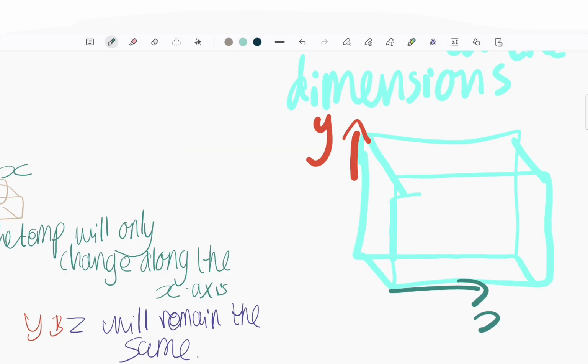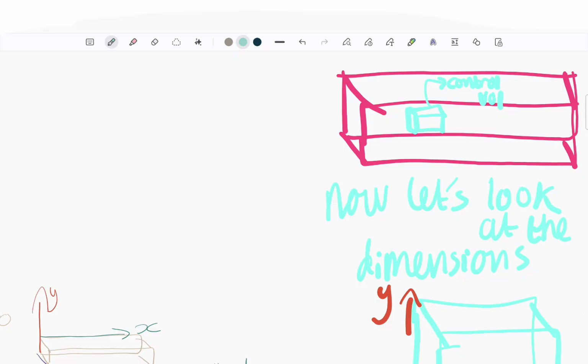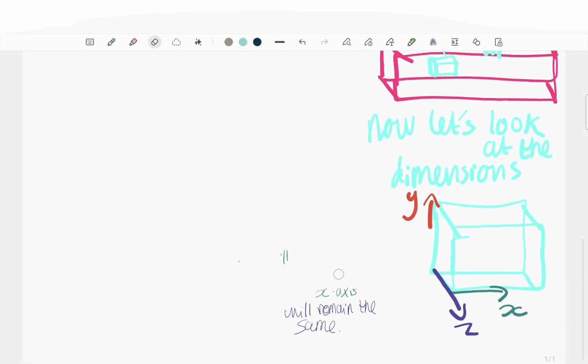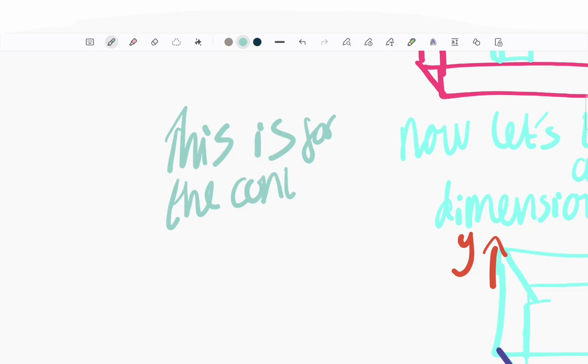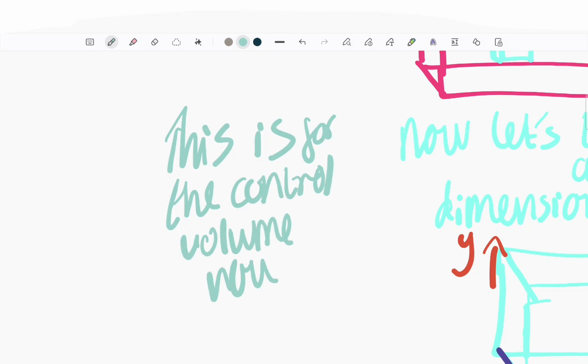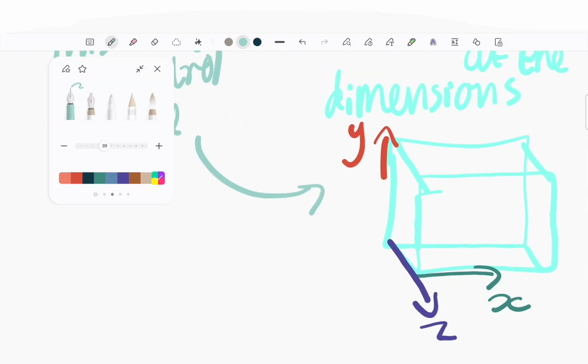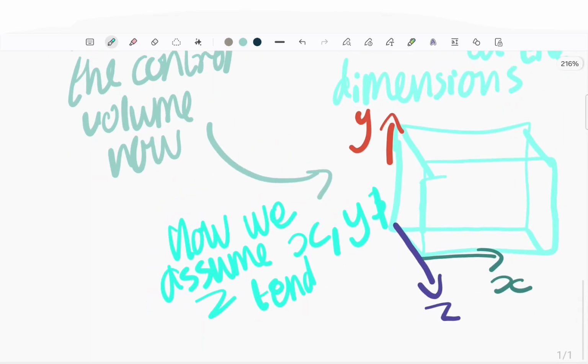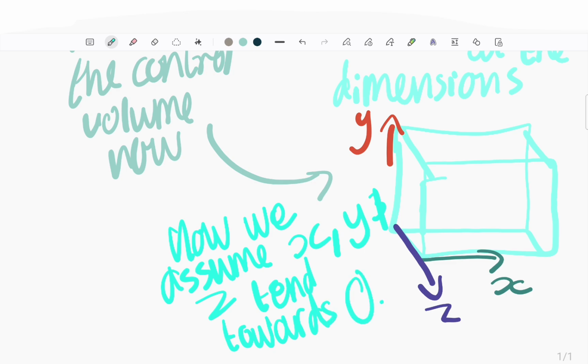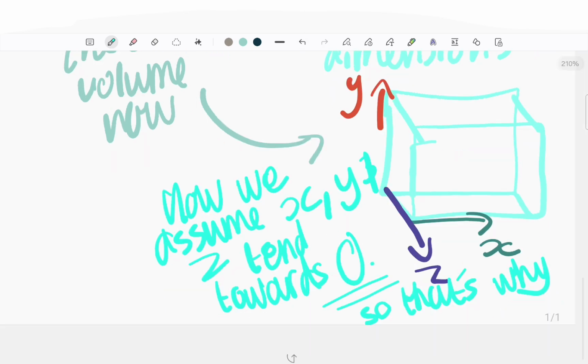So again, you have your axes. As this is a 3D shape, you have your 3 axes. Because this 3D shape is basically negligible, we assume that all the axes tend towards 0.